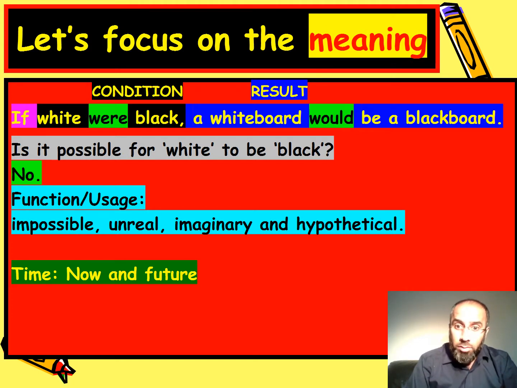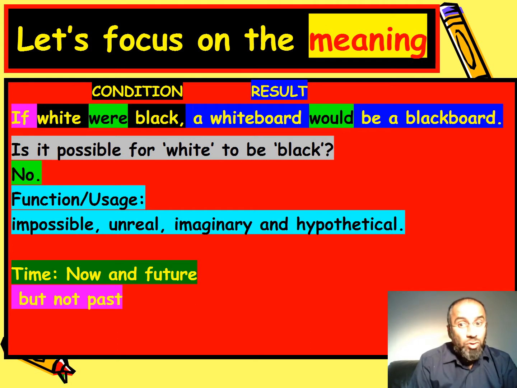And the time is not past at all. Okay, this is a very, very common mistake, because in the sentence you've got if white were black. Now were is used for past, but we are not talking about past. We are talking about now or future.